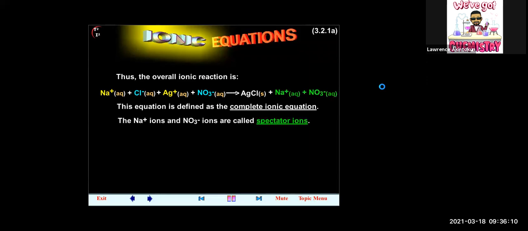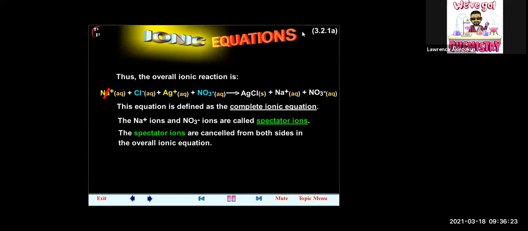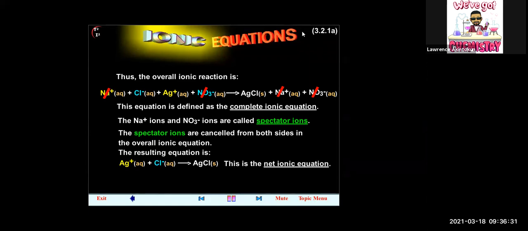The Na+ ions and NO3- ions are called spectator ions. The spectator ions are canceled from both sides in the overall ionic equation. The resulting equation is the net ionic equation.